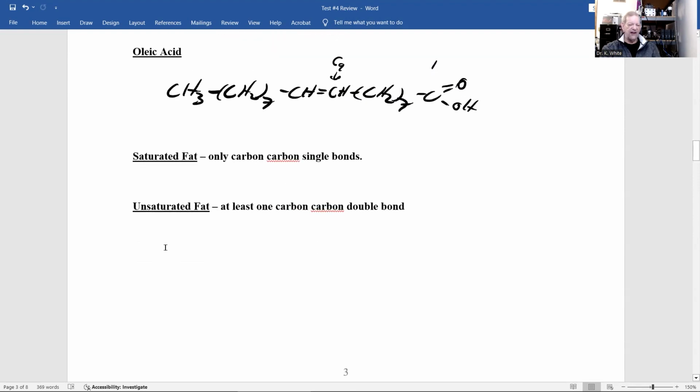Now, unsaturated fat has at least one carbon-carbon double bond. Mother Nature never did triple bonds. That's something organic chemists came up with. So you should know, saturated fat, only carbon-carbon single bonds. Unsaturated fat, at least one carbon-carbon double bond.